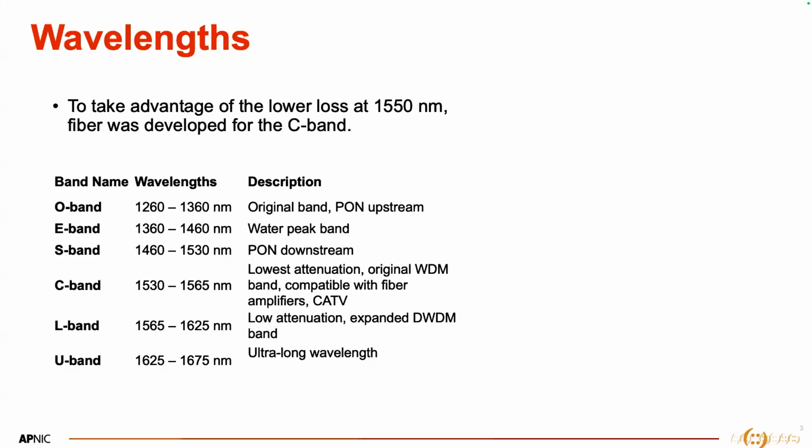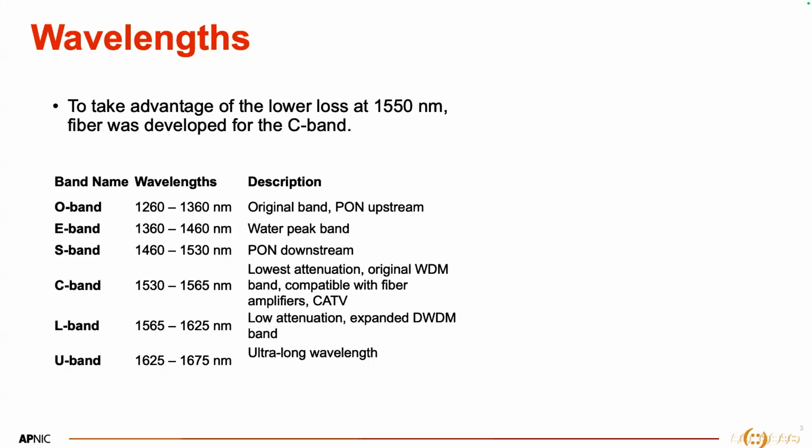These are the two bands which have the lowest attenuation in the whole optical domain, especially C band, and after that L band. But we won't talk about L band right now because it will be an extended version for DWDM communication. We will talk about L band in later slides.